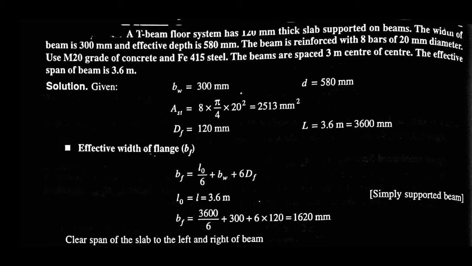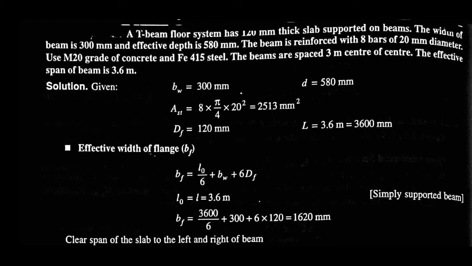So area of steel is 8 into pi by 4 into 20 square, where 20 is diameter of bar and 8 is number of bar. That is equals to 2513 mm square. Now, depth of flange is 120 mm, that is also given. Length is 3.6 meter, that means 3600 mm, that is also given.